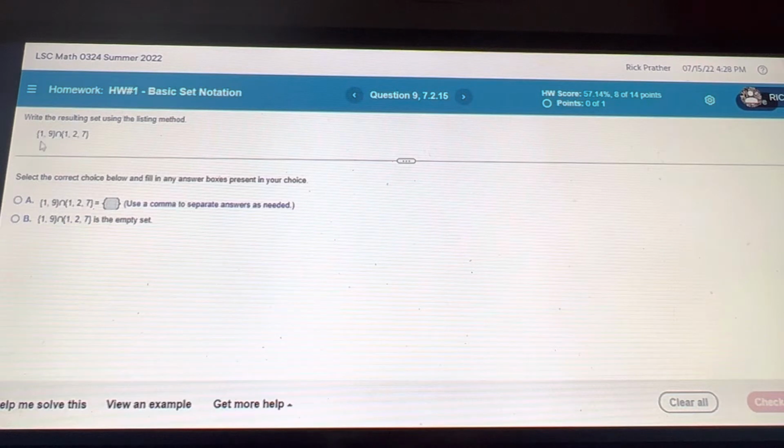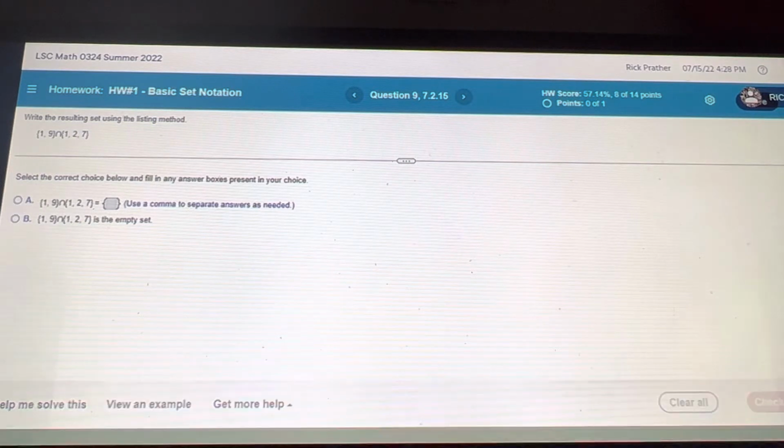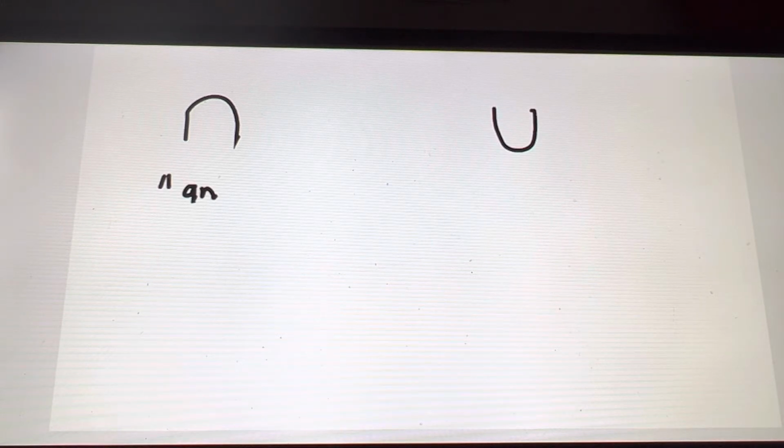So now I have a set and another set, and this is a new symbol too. Whenever you have two sets, obviously they could be subsets of each other, but two other symbols are an upside down U shape and a right side up one. This is "and" and this is "or."